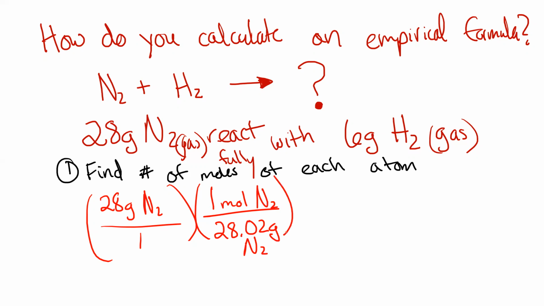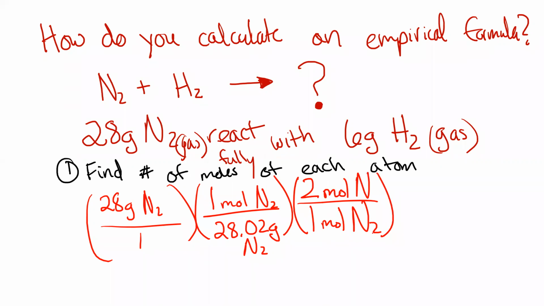Does that make sense, guys? Okay. Now, the last thing we need to do is say 1 mole of N2 contains how many moles of nitrogen atoms? Precisely, yes. So per 1 mole of N2, there are 2 moles of single nitrogen atoms, like so. Okay, does that make sense? 1 N2 contains a nitrogen and a nitrogen, so that's 2 moles of nitrogen atoms.